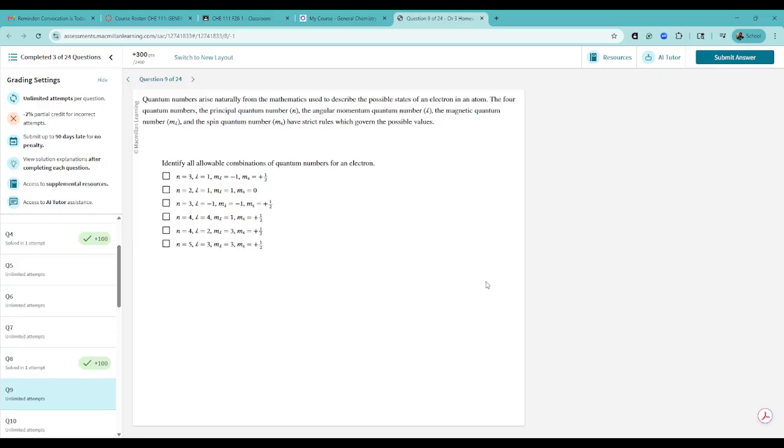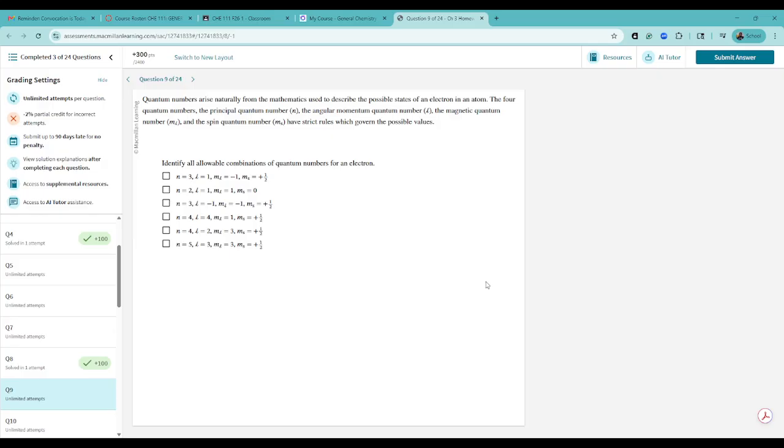And then m sub L is any number ranging from negative L to positive L, any integer value. And then m sub S is only plus 1/2 or minus 1/2. That's the spin of electrons.